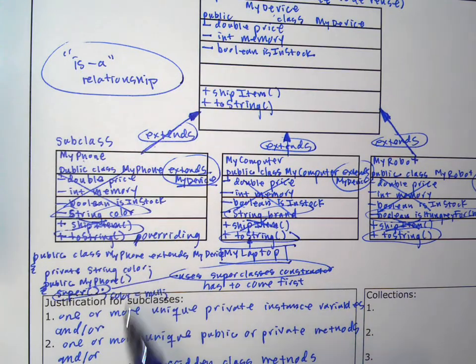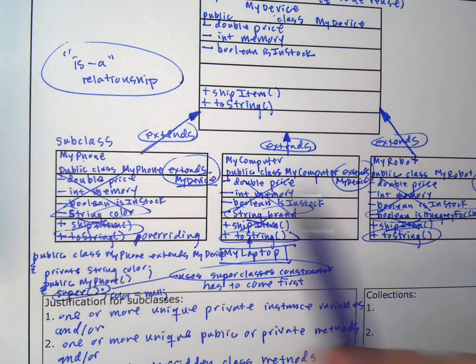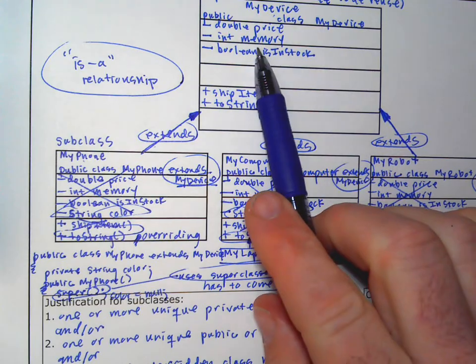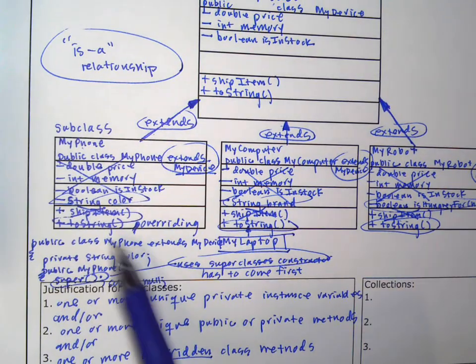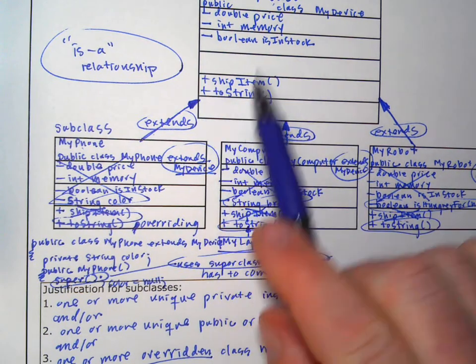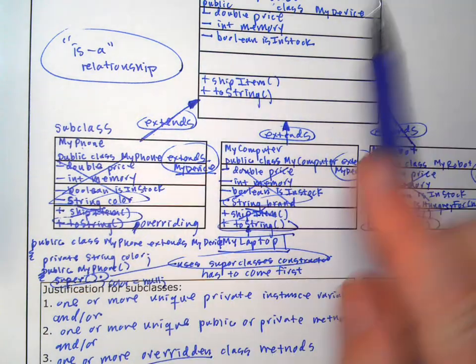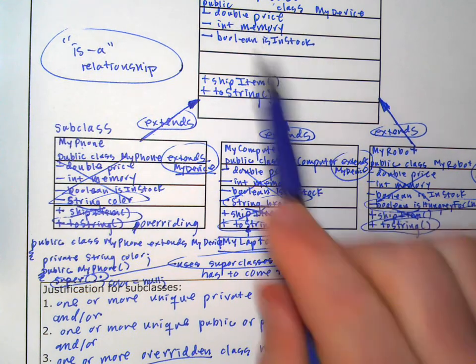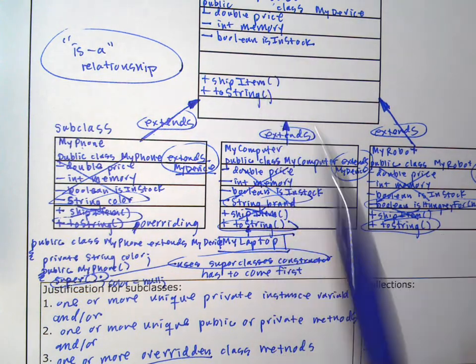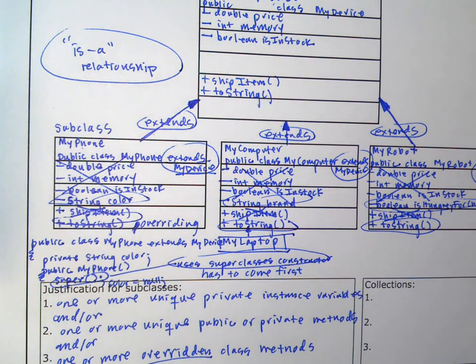You got to change the constructors in here to use that constructor and then add a little bit on it. You got to change the toStrings in here. Now the ship item's totally gone here because they all do the same thing. So you could just put ship item up here totally. This toString does the 3 private instance variables that they have in common. And then down here, you're going to add some more to it.